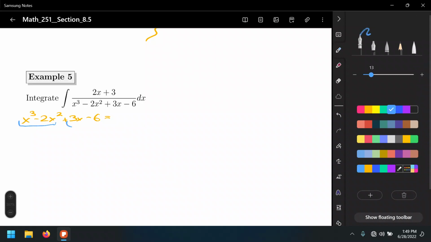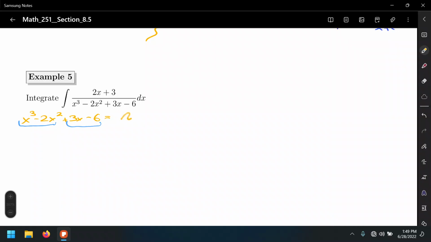Group the first 2, group the other 2, and find the GCF of each group. In this case, x squared times x minus 2, and the GCF on the second group, which is 3 times x minus 2. And this factors the following way, as x minus 2 times x squared plus 3.